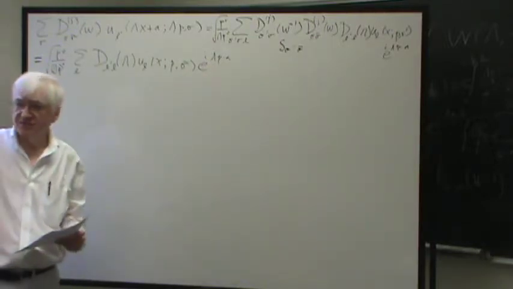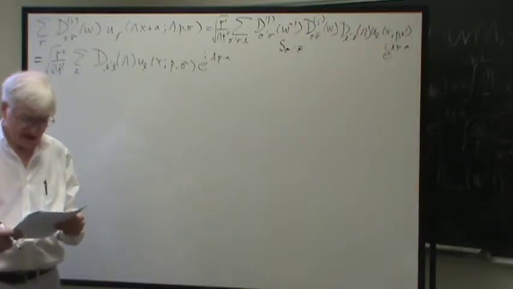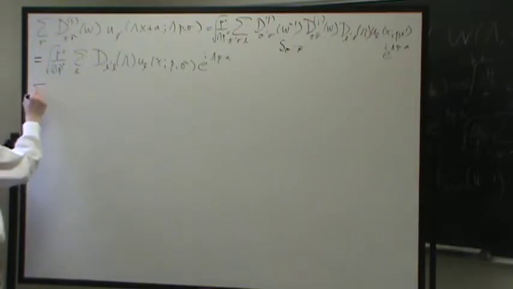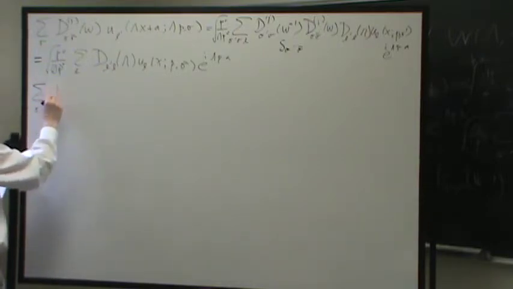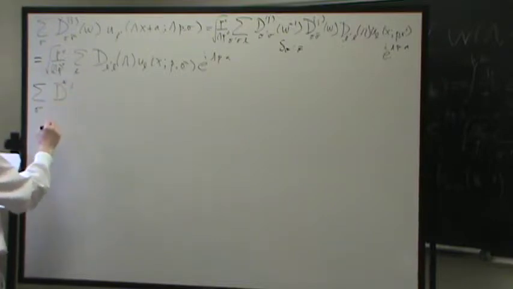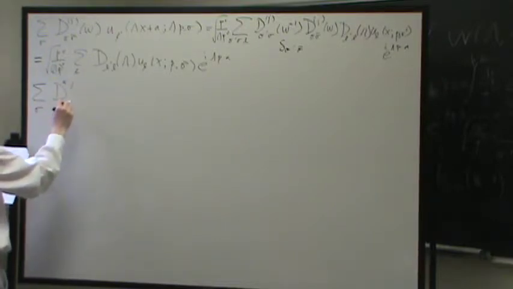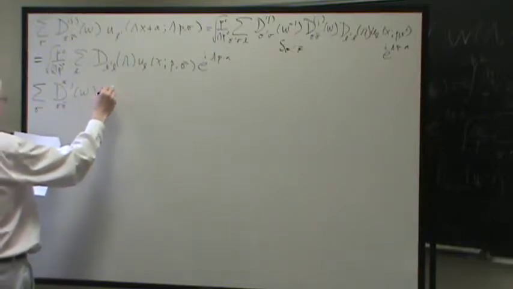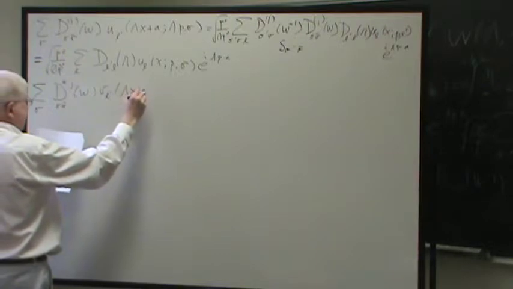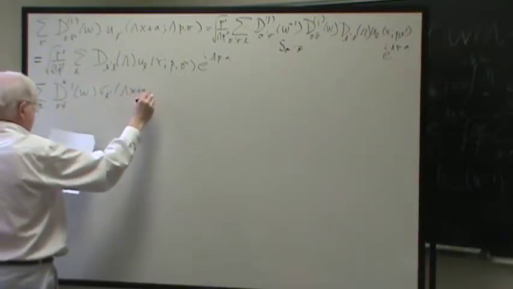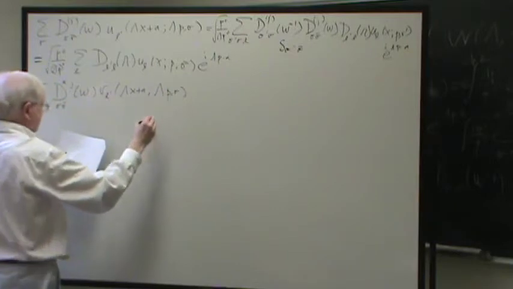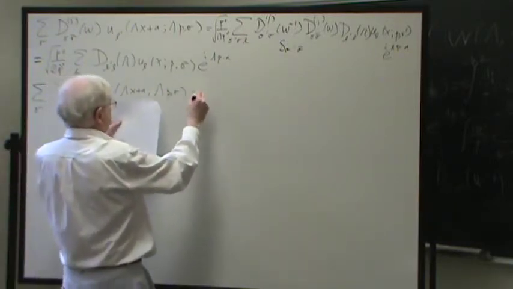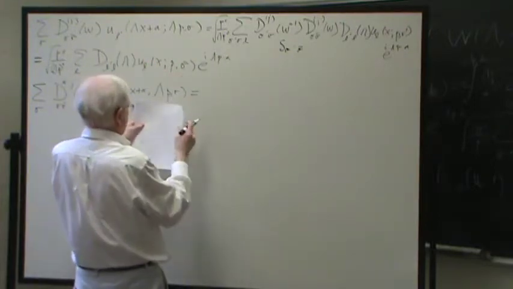If we now do the same thing on the antiparticle equation, what we have is sum on σ of D^{*j}_{σ\bar{σ}}(W) v_{l'}(λ(x+a); λp, σ). And so I'm working on that blackboard, the last part of the last blackboard.